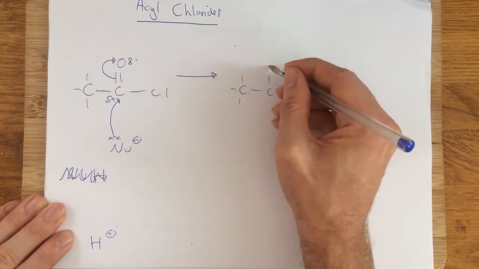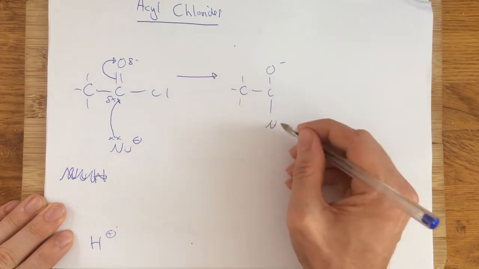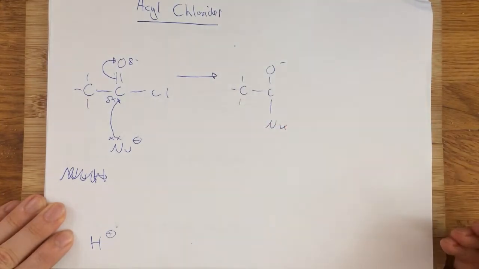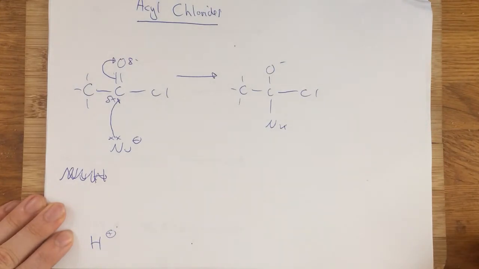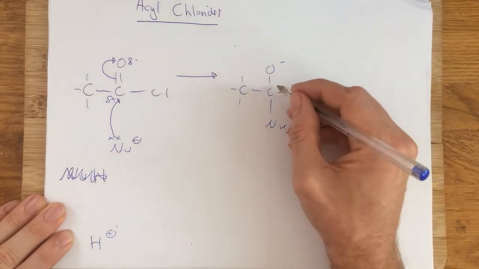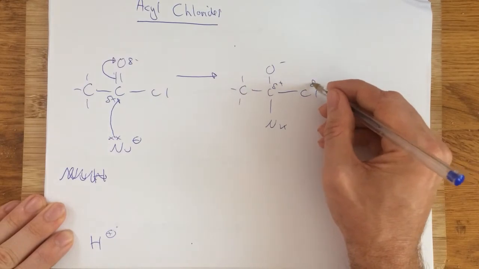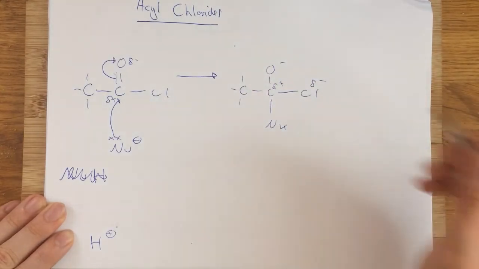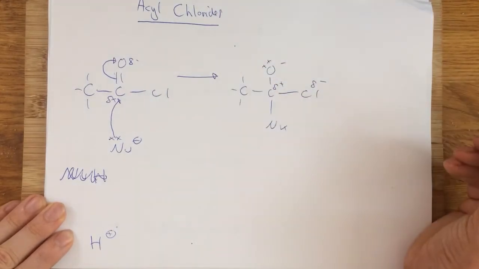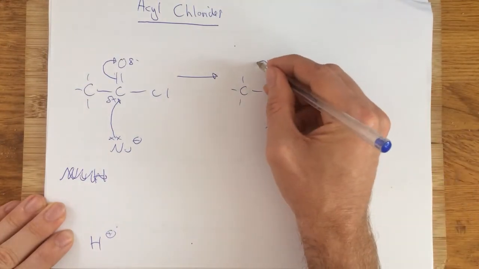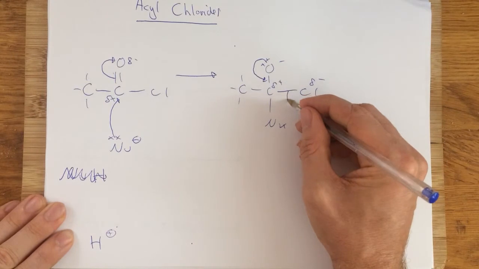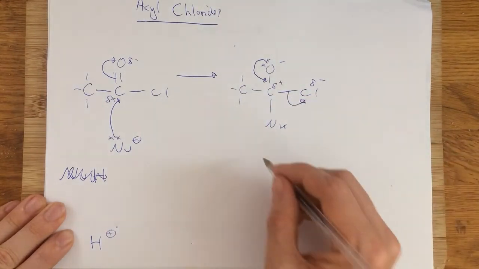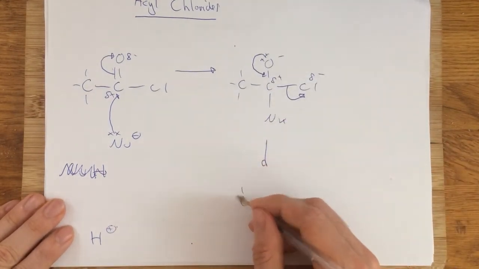That will leave us with this. So the nucleophile will now be attached, and we've got our chlorine, but we've also got a dipole between the carbon and the chlorine, so a lone pair from the oxygen can then go back to remake that second bond, and then the carbon to chlorine bond breaks off, and what do we end up with?